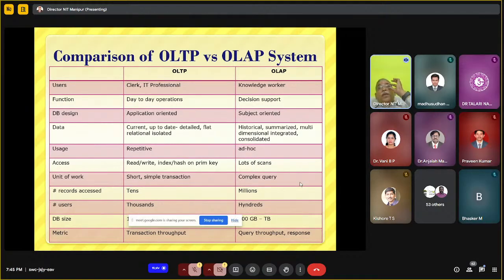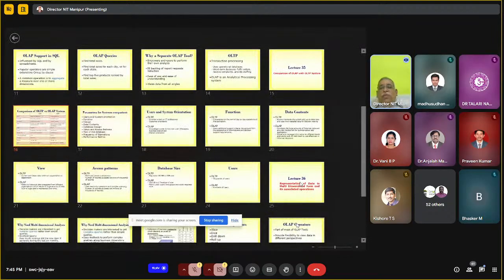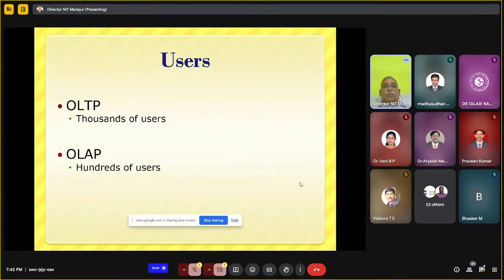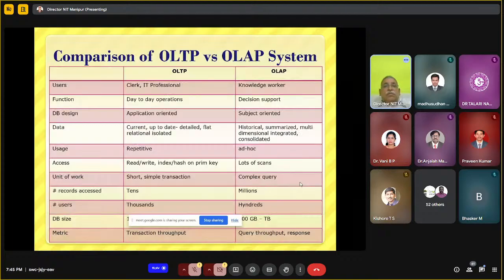And from the number of users point of view, thousands of users may be there in OLTP, whereas hundreds of users may be there in the OLAP system. Size-wise, OLTP is 100 megabytes to 1 GB of data.